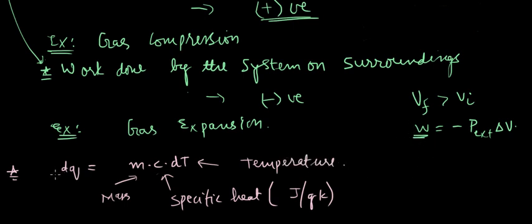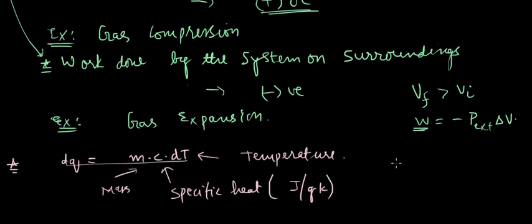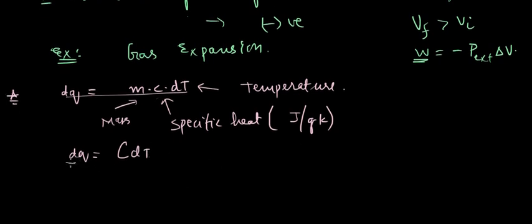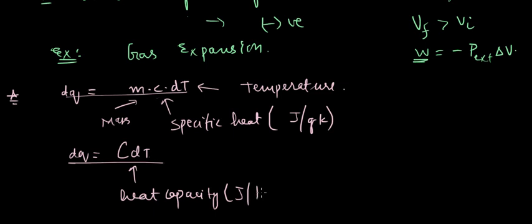We can also write dq as C dt, where C is heat capacity, which would be measured in terms of joule per Kelvin.